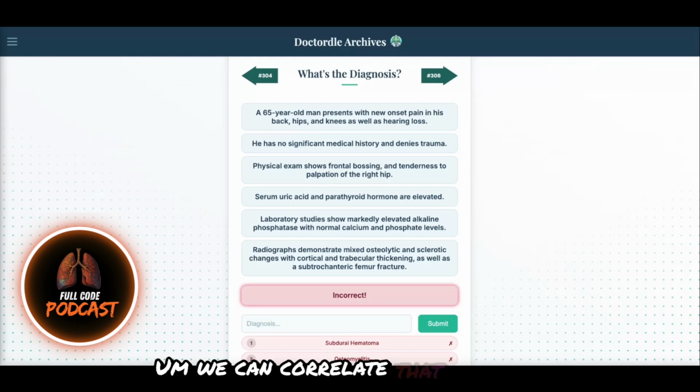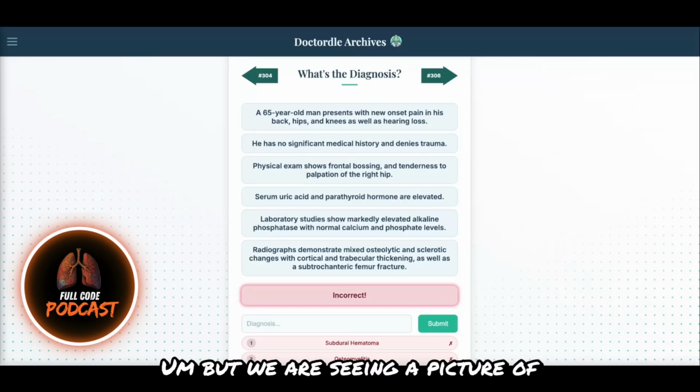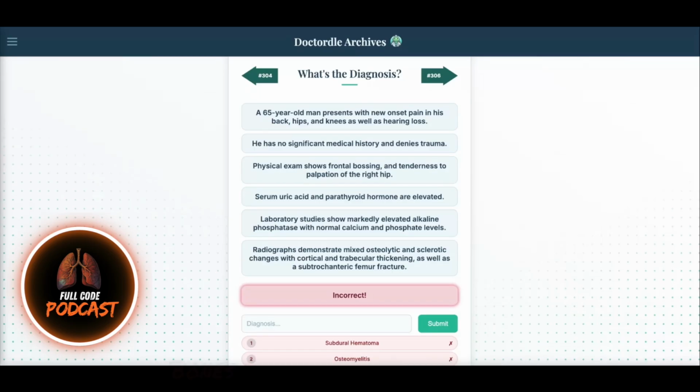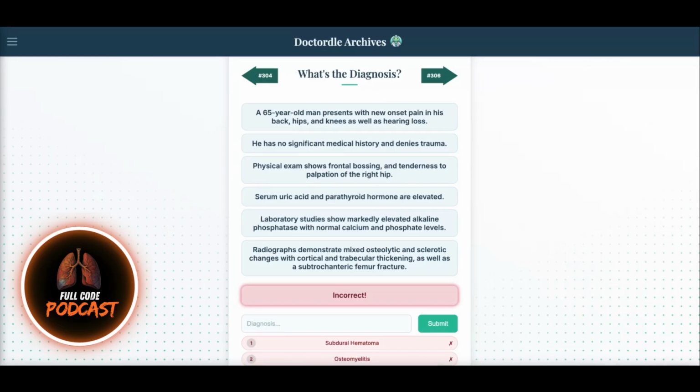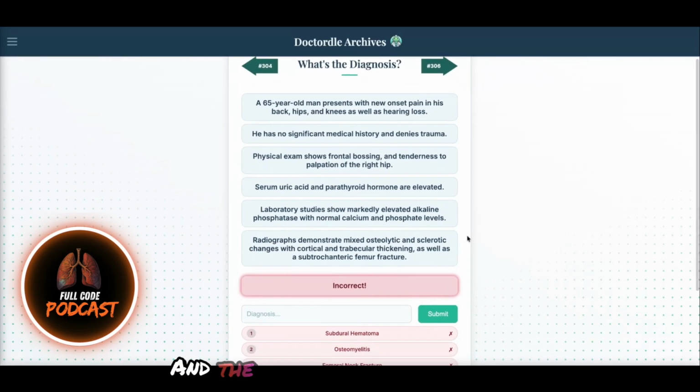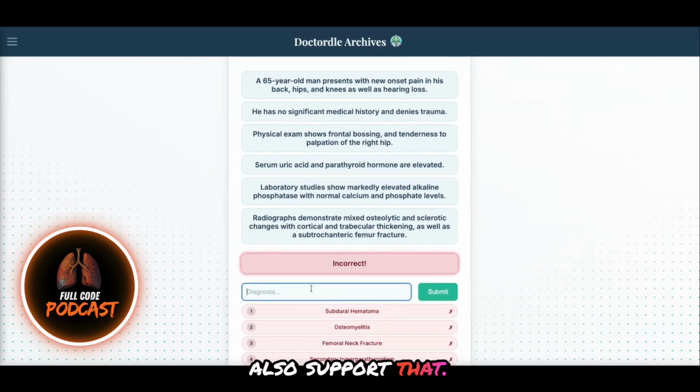We can correlate that with the focal tenderness to the right hip, even though it doesn't really tell us what the laterality of the findings are. But we are seeing a picture of bones that are weak, bones that are breaking down, and bones that are remodeling, and the findings that we have to also support that.